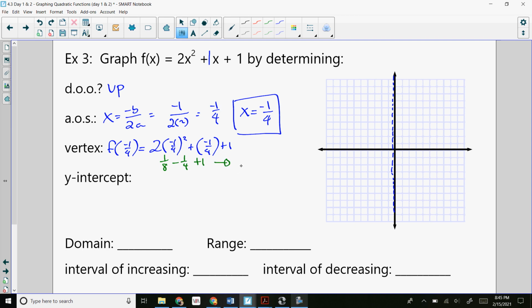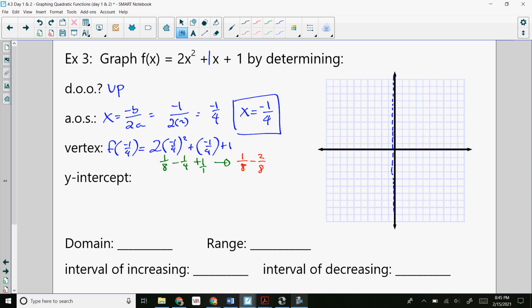So if I can change these all to have common denominators of 8, maybe, notice 1 currently is 1 over 1. Let's see what that would look like. So the 1/8 stays 1/8. Negative 1/4 as a fraction with a denominator of 8 would be negative 2/8. Let's multiply the top and the bottom by 2.